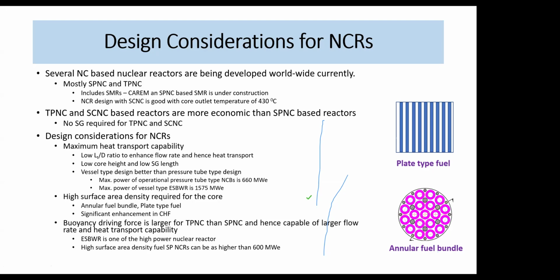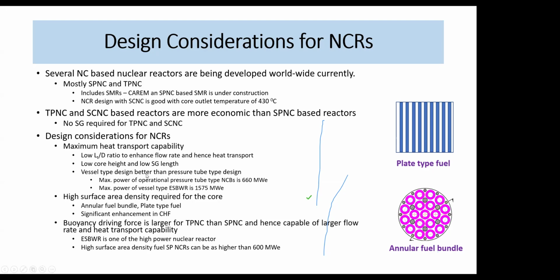If you have a smaller height, in the core as well as in the steam generator, it will reduce the L/D ratio and therefore increase the flow rate, and that will increase your heat transport capability.